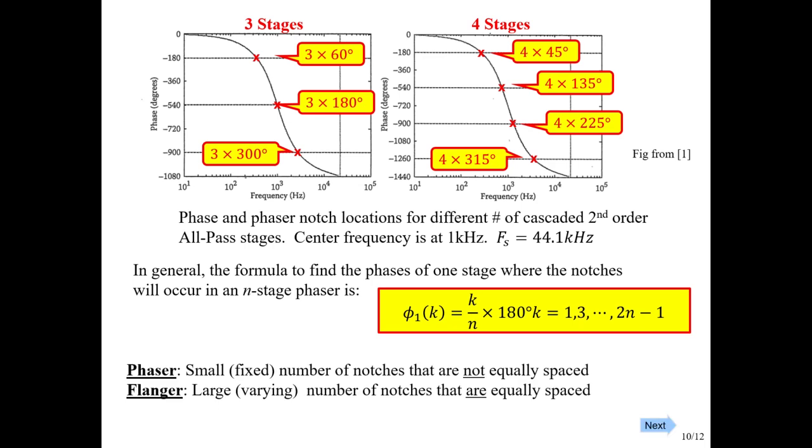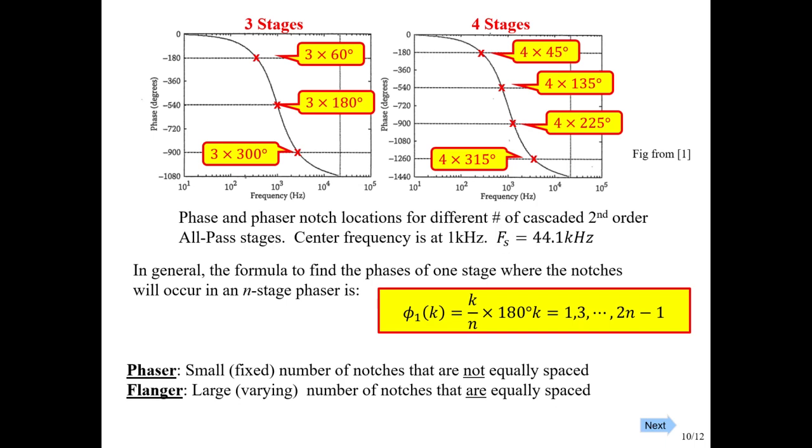So again, just reiterating the differences between the phaser and the flanger. A phaser has a small, fixed number of notches, and those notches are not equally spaced in frequency.